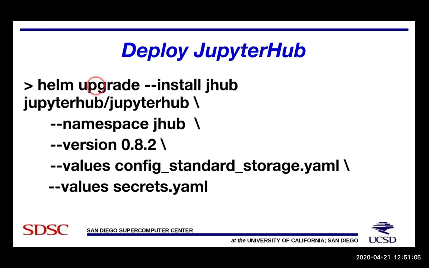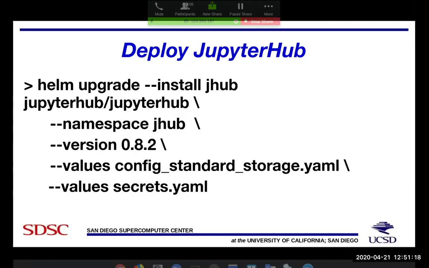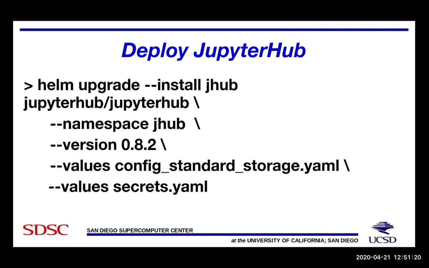So you specify some configuration options, basically the version of the JupyterHub recipe. This recipe is the one provided by Zero to JupyterHub. If you Google Zero to JupyterHub, that's a great resource, and there is plenty of documentation on deploying JupyterHub on Kubernetes.